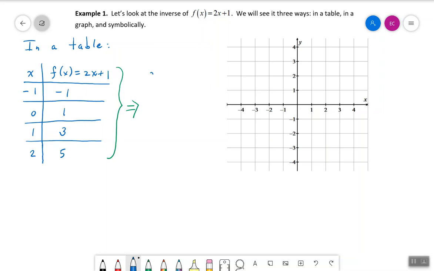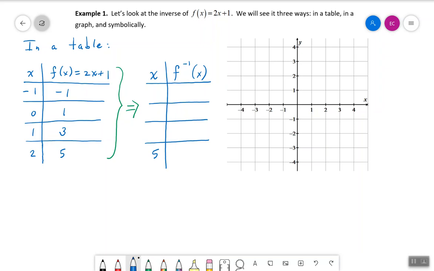Okay, and so now we're going to take this and use it to generate a new table. And the new table is f inverse of x. And we don't know its formula yet. We'll find it in a few minutes. But we do know points on that graph. So in particular, let's start at the bottom of the table. Let's start with 5. So if we put 5 into the inverse function, what comes out?